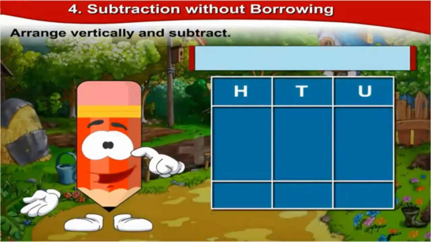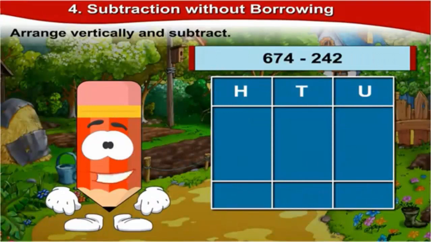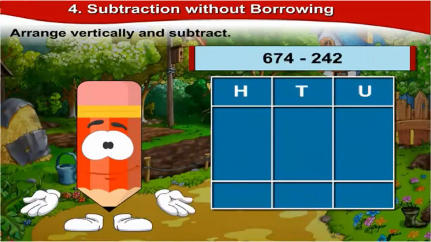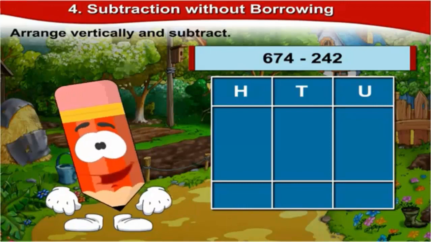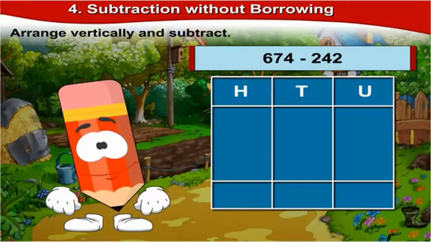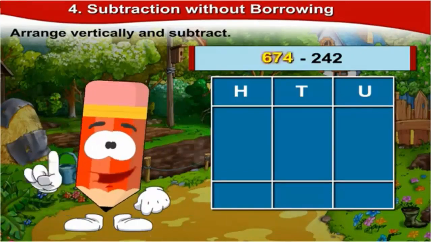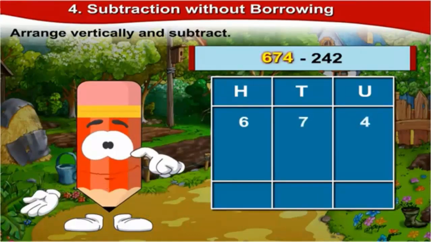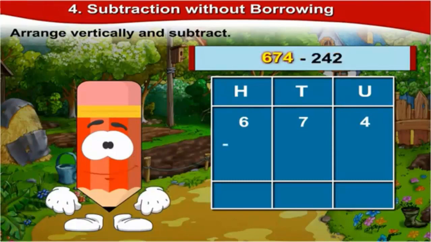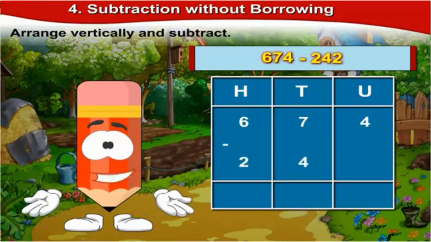Now the next sum. 674 minus 242. First we'll begin the subtraction by writing HTU. Now 674 is 6 hundreds, 7 tens, 4 units, minus 200, 4 tens, 2 units.